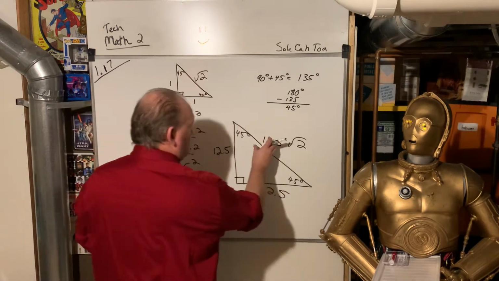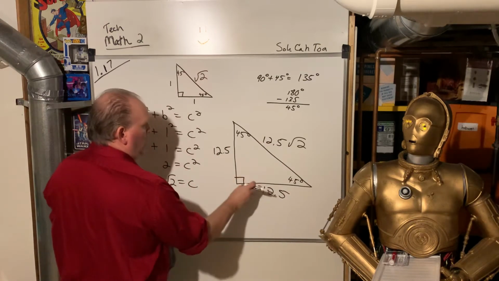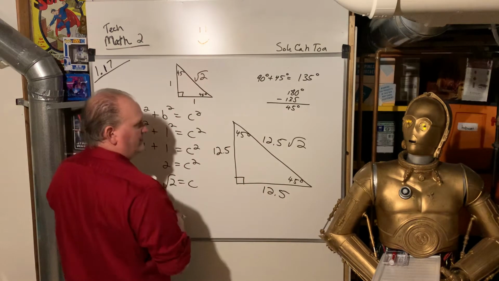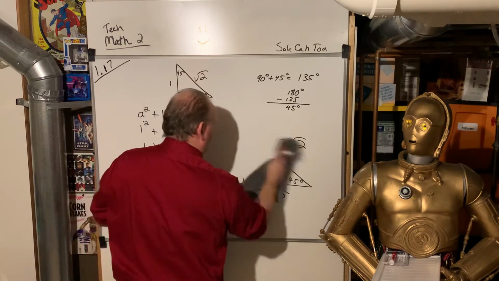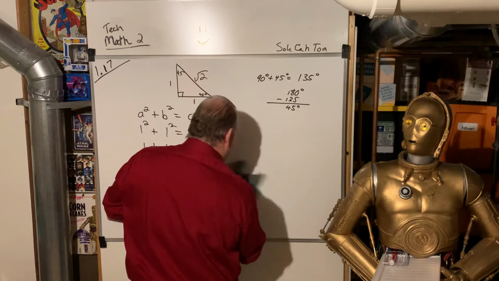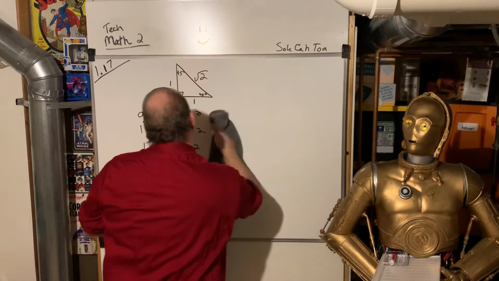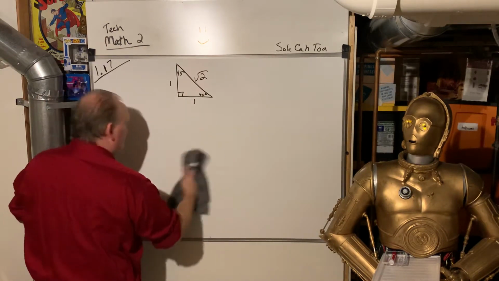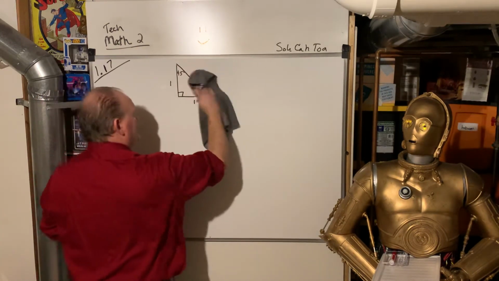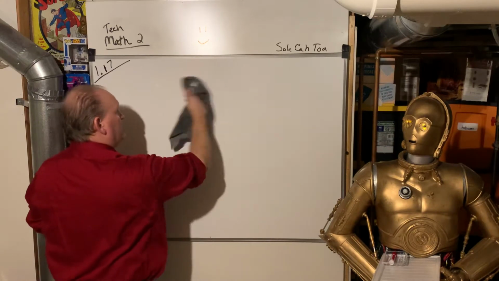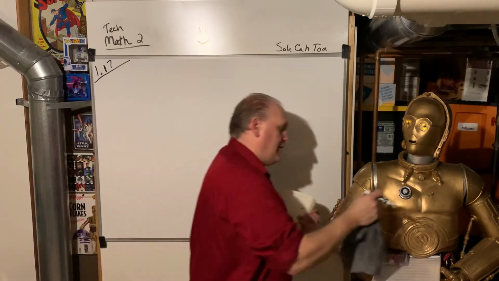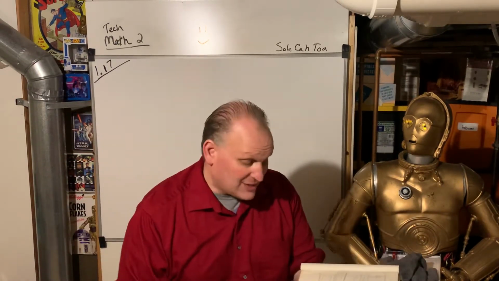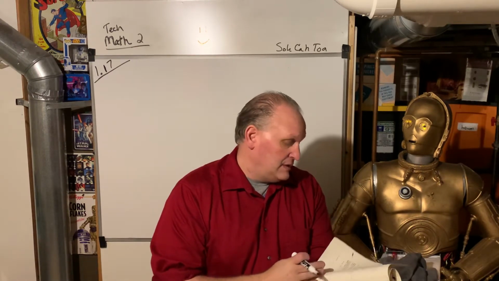And then if I shrunk it down to 1, it would go 1, 1, square root of 2. All right? So keeping that in mind, with any 45, 45, 90, if we have at least one side, so we have a reference point, we could figure out the sine, the cosine, and the tangent without our calculators, basically. So let's do a couple.